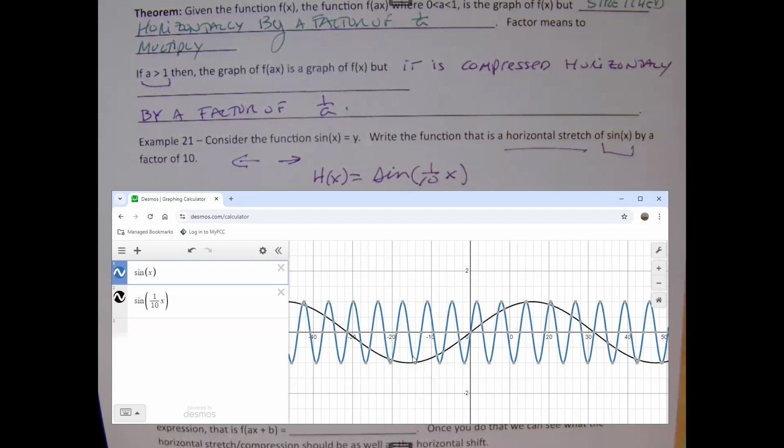Where's 16? This is 10, this is 20, so it's 15 something. Yeah, it's about right. So I think I have stretched it horizontally by a factor of 10.